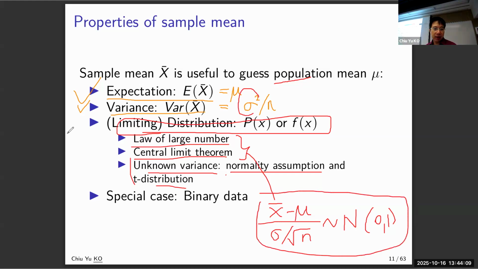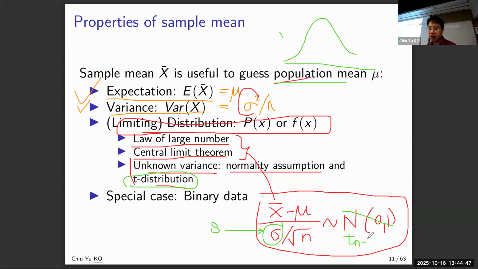So what we will talk about today is what we call the student T distribution, which we also hinted last time. Now we make some assumption: if the population is a bell curve, then we can replace sigma by the sample SD, but this is no longer normal, but a T distribution with n minus 1.